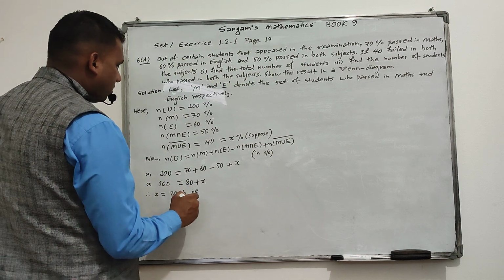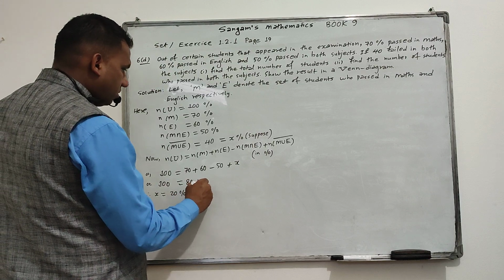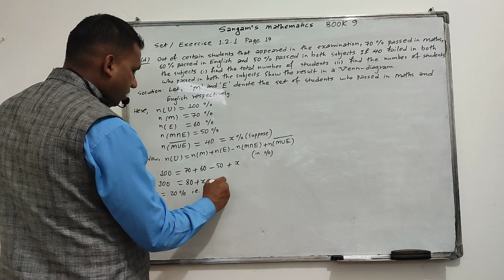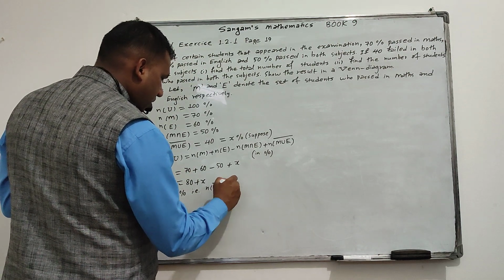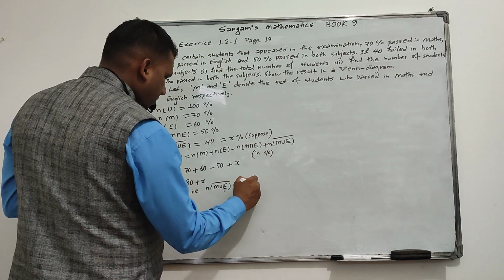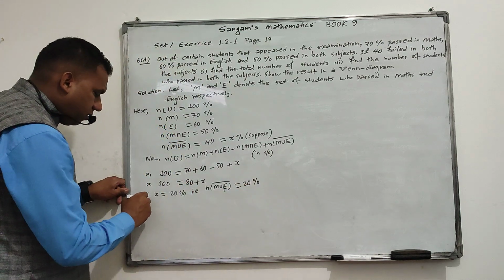That is, number of (M union E) complement equals 20%.